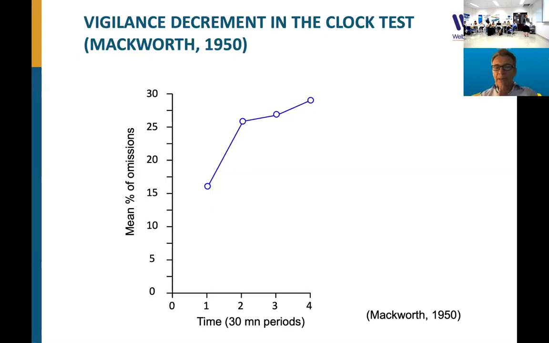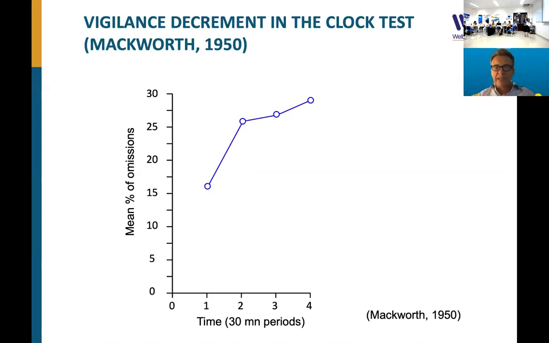So our ability to monitor something where very infrequent and very random signals appear is no more than 20 to 30 minutes. It does not mean that you will not be able to monitor after 30 minutes, but the probability of making errors increases very quickly after 30 minutes.